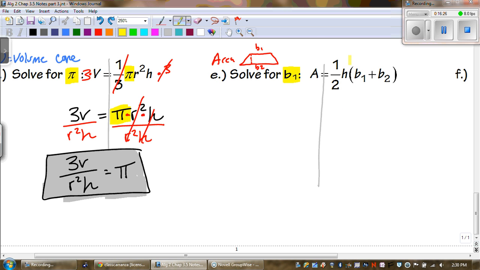Once again, the first thing that I'm going to get rid of is that fraction. When I get rid of that fraction, I want to multiply by the reciprocal. So fraction, boom, gone. We have 2A equals h, base 1, base 2.